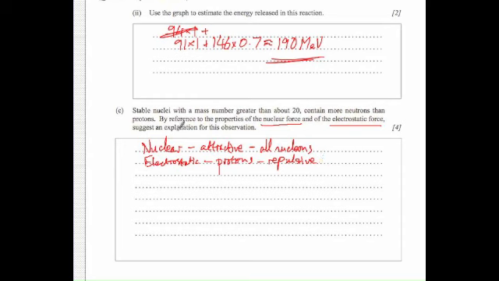So what do we have in larger atoms? In larger atoms we have more protons. So as we have more protons, that means the electrostatic force is more repulsive. And so we need something to balance it. We need a greater nuclear force to balance it.